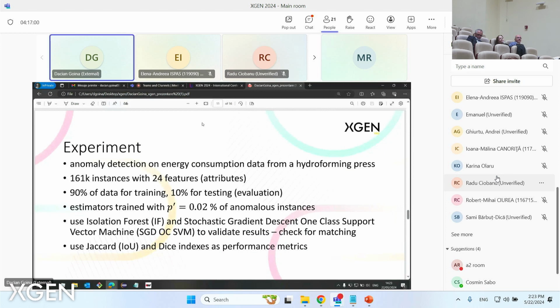Well, it is actually time series data, and because the hydroforming press produces the same piece, in the time series data you will see a periodic pattern of values.